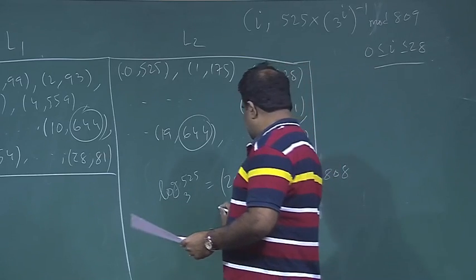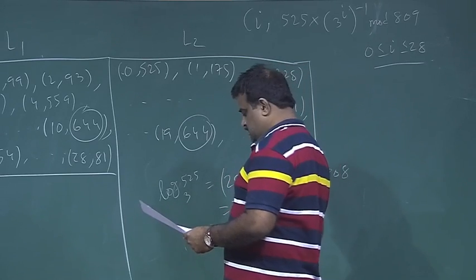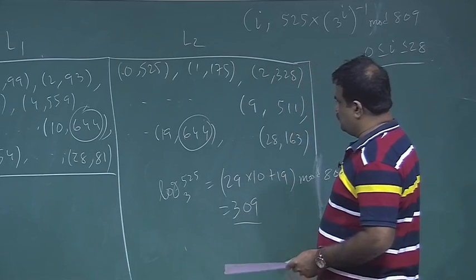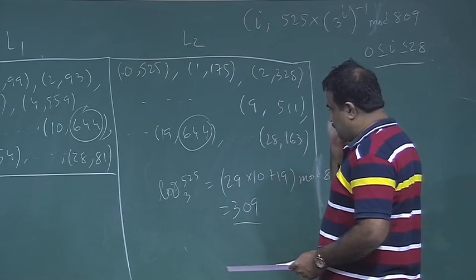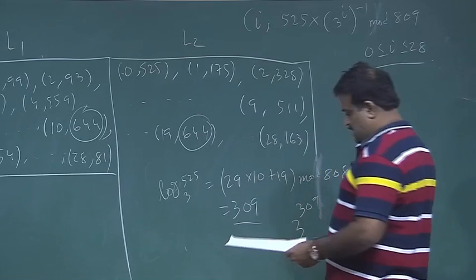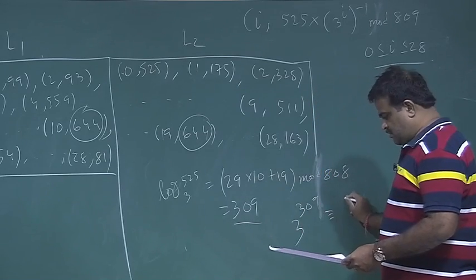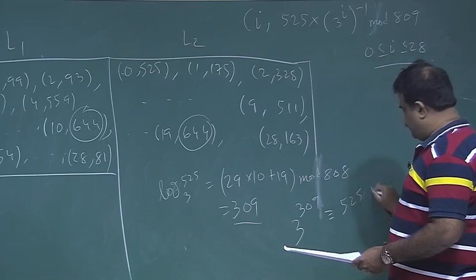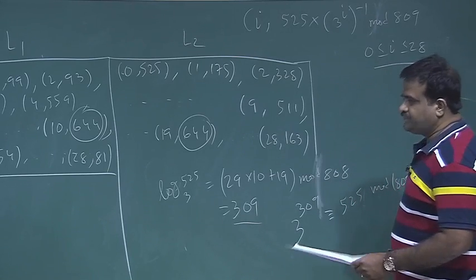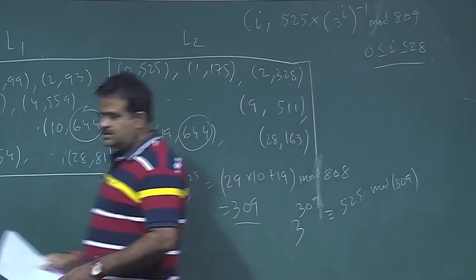This is basically 309. This is our result we are looking for. We can verify this by calculating 3 to the power 309, which is congruent to 525 mod 809. Okay, this is the Shanks method.